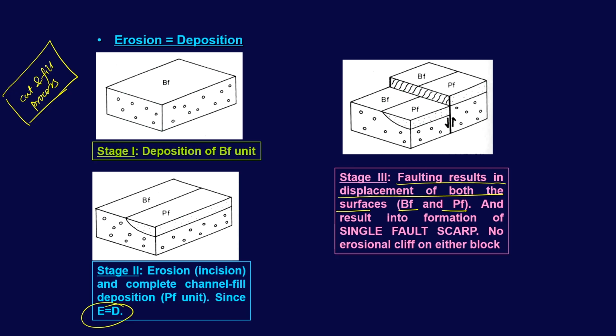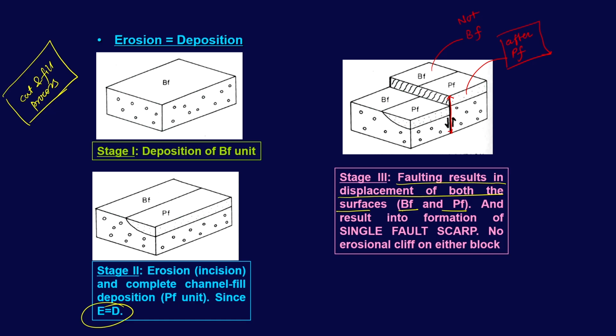Now one has to be careful while interpreting this, is that the faulting was after the deposition of PF and not BF. Because this will give you the timing of the event.